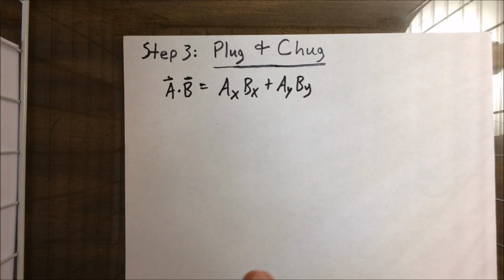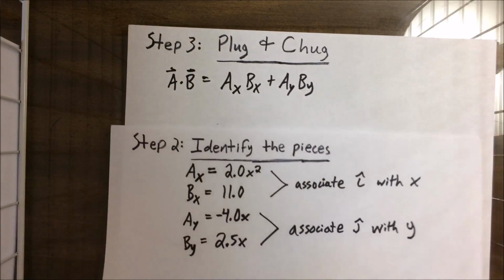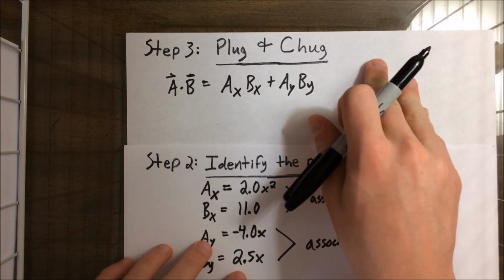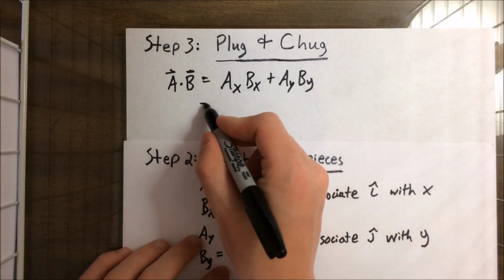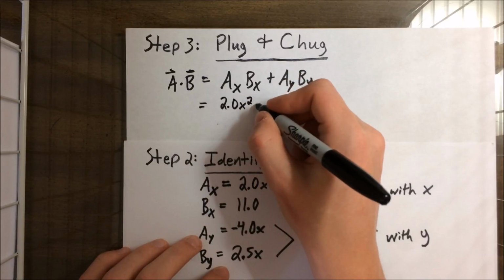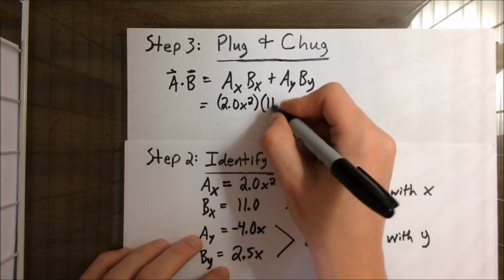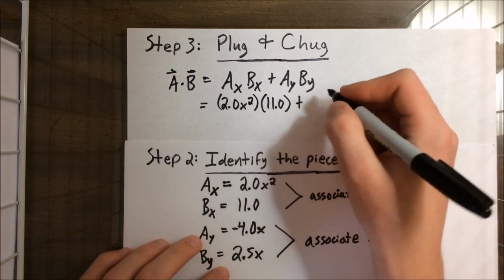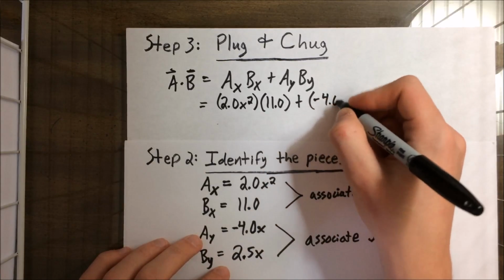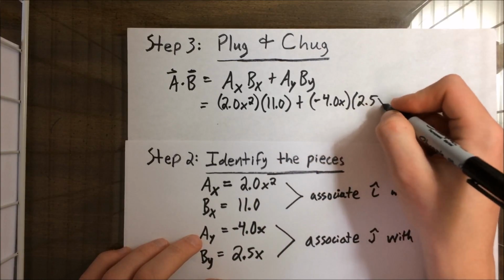Okay, so to plug in, we're going to look at this. To carry it down further, we have a sub x is 2.0x squared, and then multiply that by b sub x, so 11.0, plus a sub y is negative 4.0x, and b sub y is 2.5x.